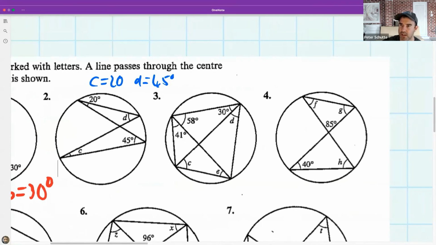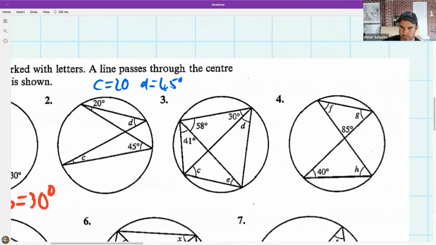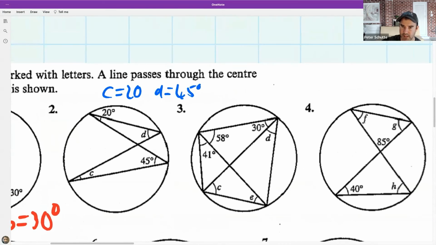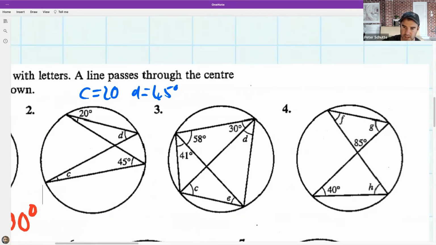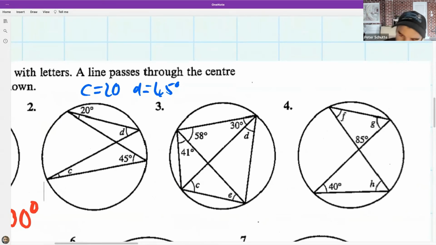Okay, last two questions for the day, and then we'll wrap up. Can you do number 3 and then number 4? Notice how I give you different information. Remember, you now have triangles involved, and you have cyclic quads.